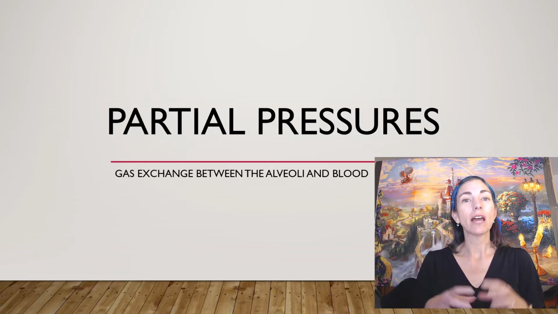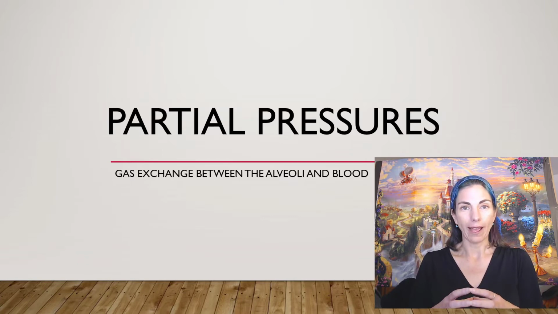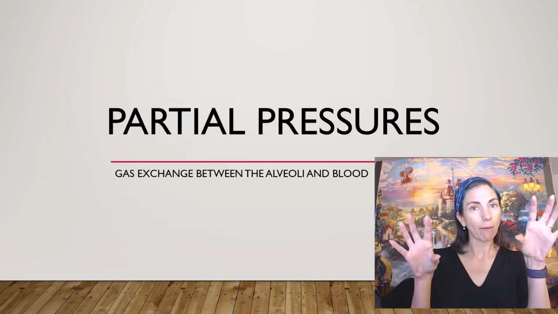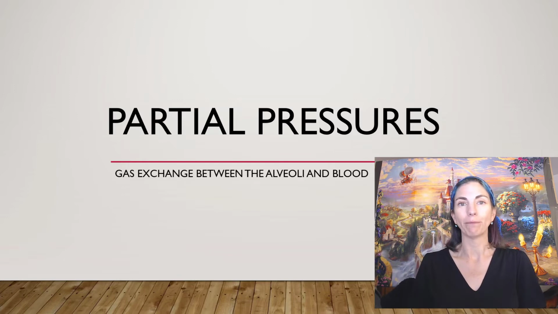So I'm going to use a different tool, and that is called partial pressures. So partial pressures are going to be the tool that will allow us to predict, will oxygen or CO2 move from this compartment to that compartment, from that compartment to this compartment, or are they at equilibrium? And so that's the basis of this particular lecture.